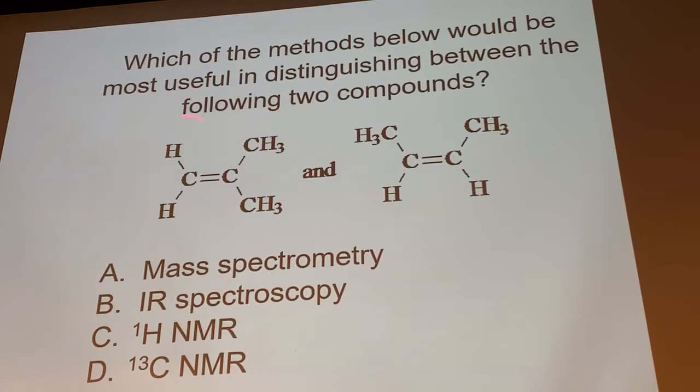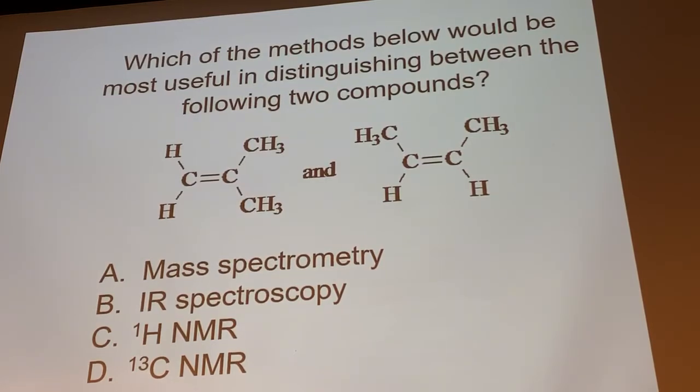So there will be three signals in the C13 of the compound on the left, two signals in the C13 of the compound on the right. So I think C13 is the easiest way to distinguish between these two. Proton NMR also works if you're looking for the right thing. And so this is one of our only iClicker questions that actually has two correct answers.